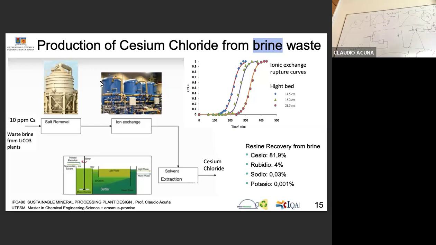Evaporation, ion exchange, solvent extraction. I'm missing one part here, by the way, which is the precipitation. But remember: low concentration, ion exchange, ppm; higher concentration, solvent extraction, and then crystallization. Always. Look at the selectivity: 82%, experimental data, we did it. It was TRL 4.